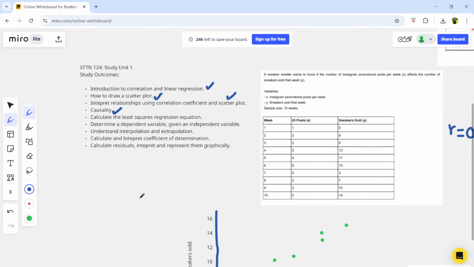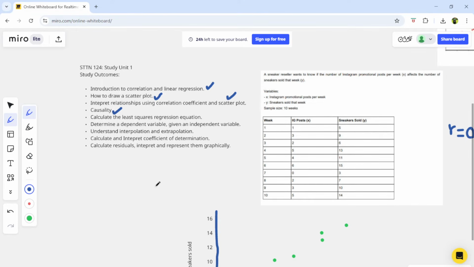All right, so now we have to know how to calculate the least squares regression equation. I'm going to use the same example for this one, and all the remaining study outcomes. So determine or calculate the least squares regression equation.